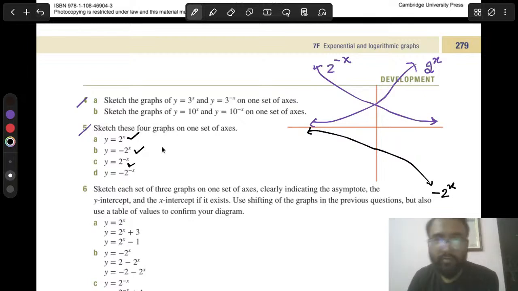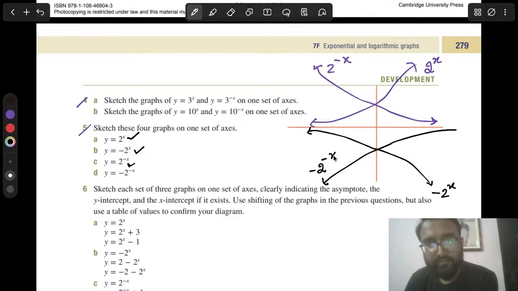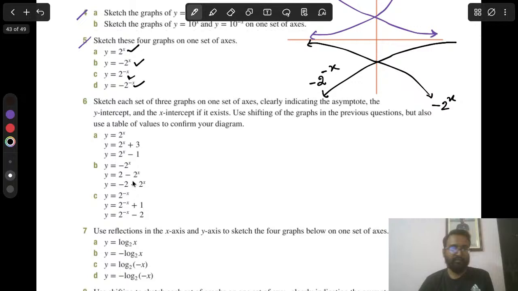It is minus 2 power minus x, means this is flipped upside down, symmetric about the x axis. It is minus 2 power minus x. Is this clear? This is plotting on the same set of axes.